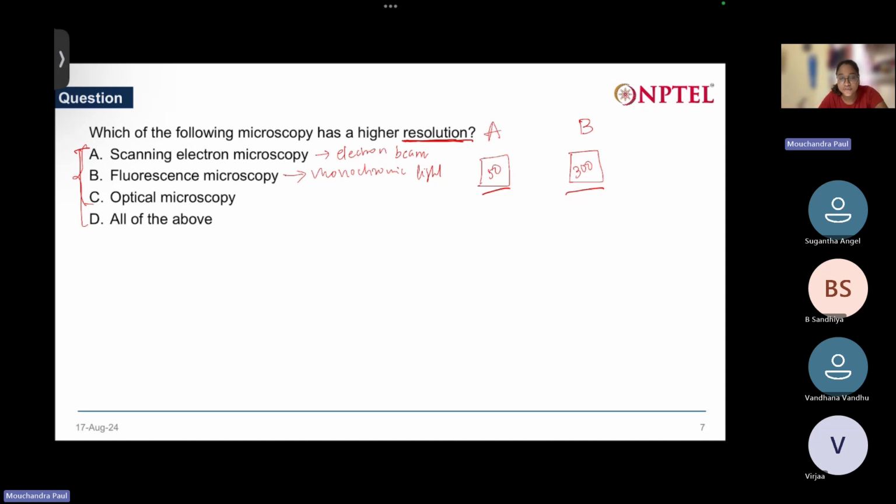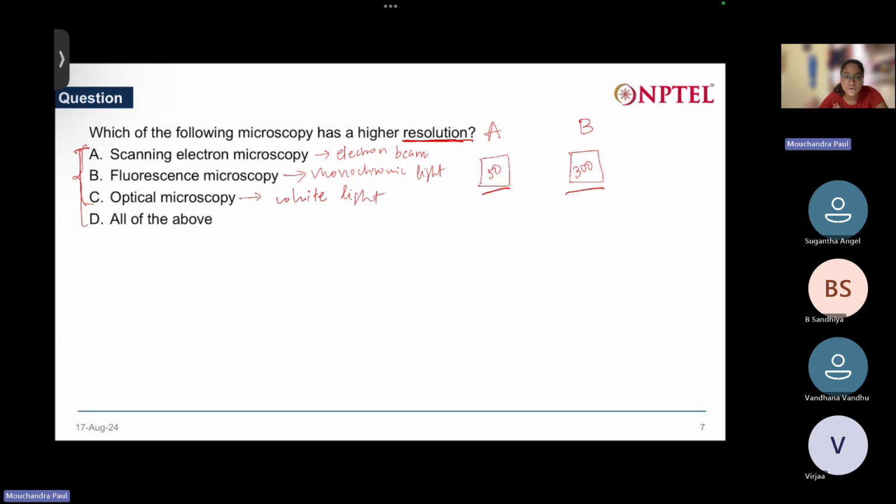So in the presence of light of a particular wavelength, your material containing some fluorophore will get illuminated and you will get brightly colored images like blue, green, red. Whereas in an optical microscope, usually we use simple white light, which has all the wavelengths of visible light.